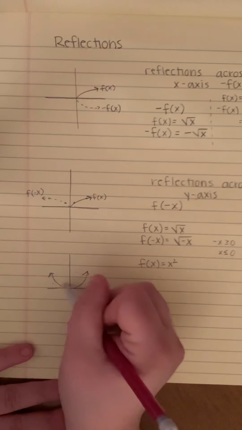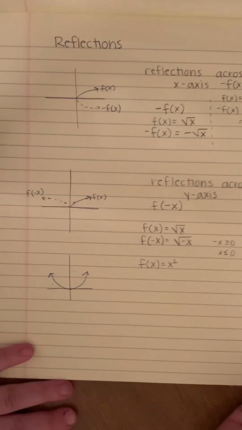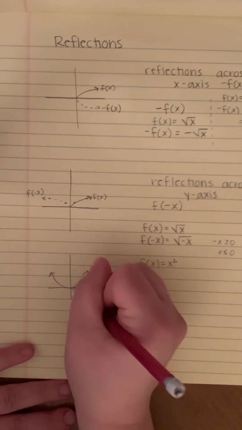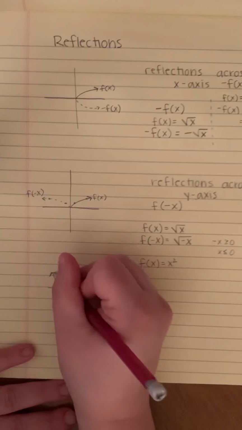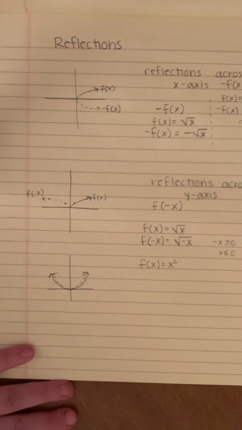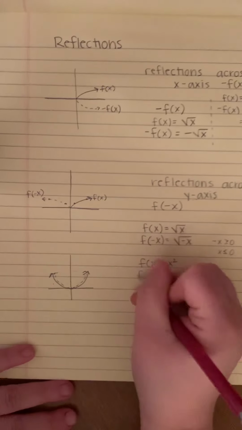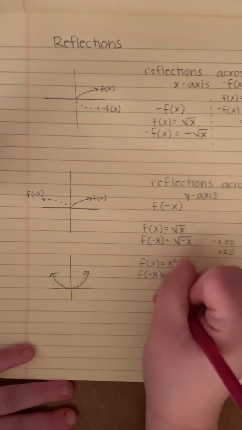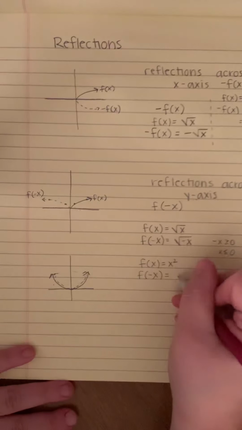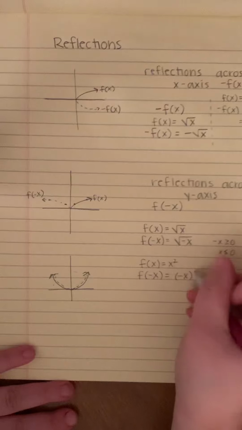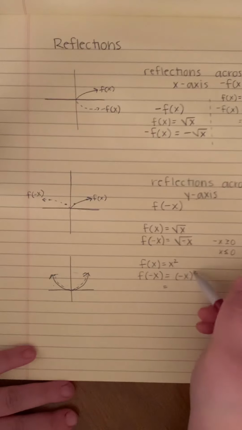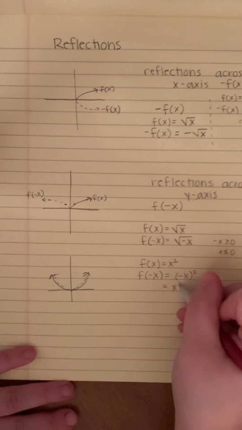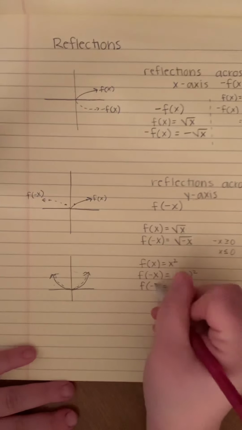If I was going to reflect it across the y-axis, if I was going to spin it around, it would still look like the parent function. And now we can prove that by doing it algebraically. If I have f of negative x, that still just means I'm plugging in negative x for x squared. And since a negative squared is a positive, I get this function.